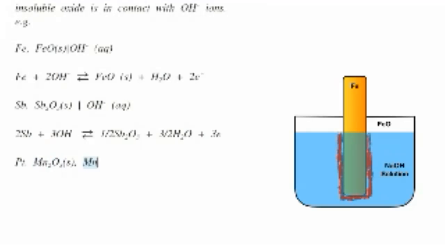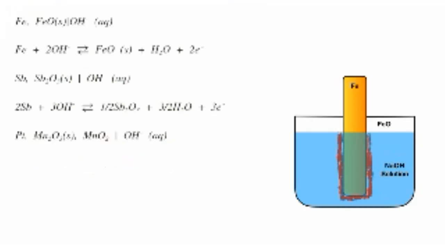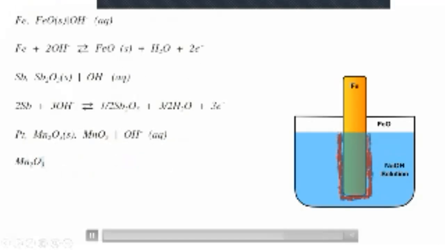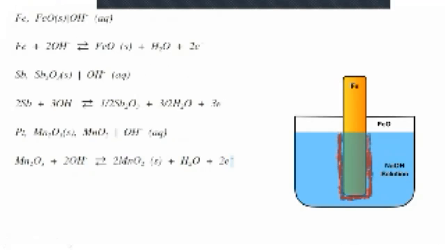It is represented as platinum in contact with manganese oxide and manganese dioxide, which are in contact with an aqueous solution of OH- ions. The oxidation reaction is manganese oxide reacts with 2 OH- producing manganese dioxide plus water, and 2 electrons are liberated.